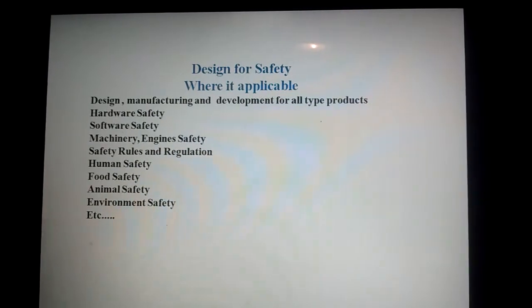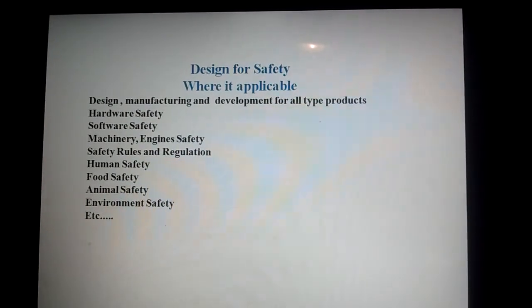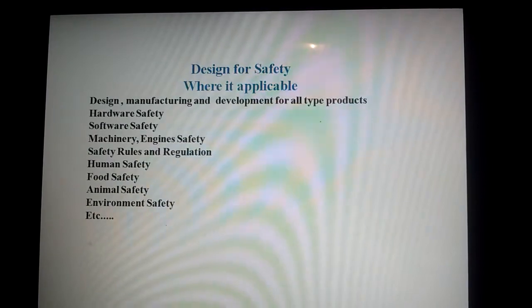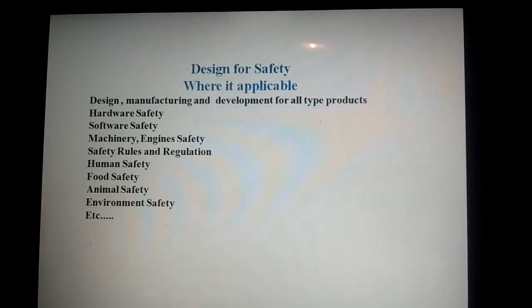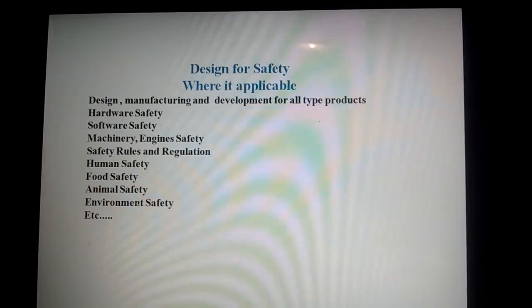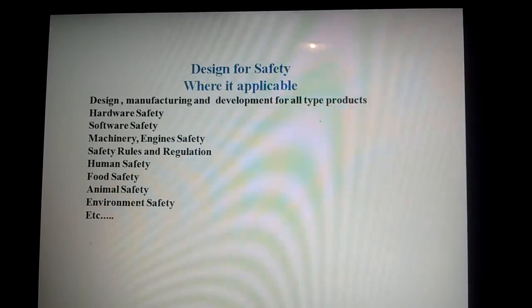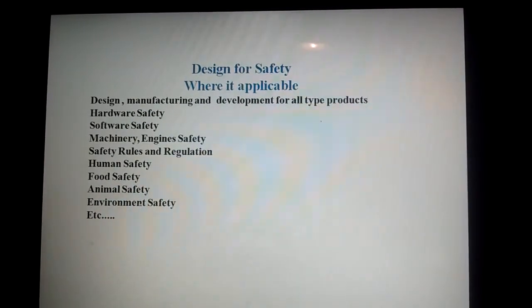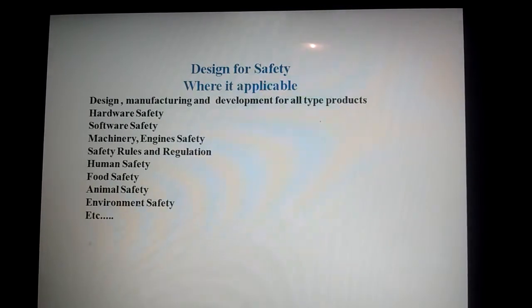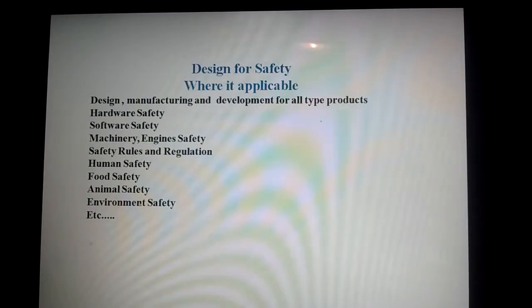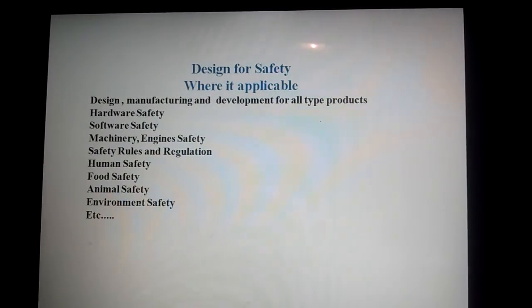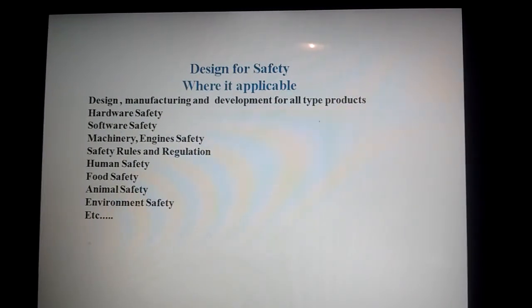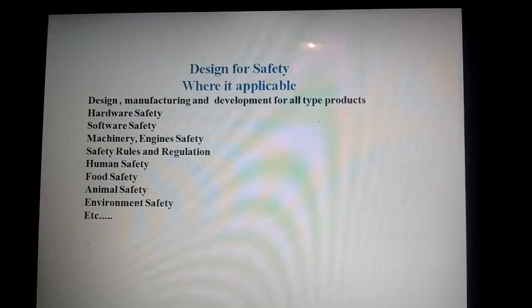Design for safety is applicable for different types of products and different types of processes, and it is applicable to design, manufacturing and development for all types of products, even for hardware safety, for software, for different types of machinery, engine safety, and even for rules and regulations. It is again useful for human safety, food safety, animal safety and environmental safety.